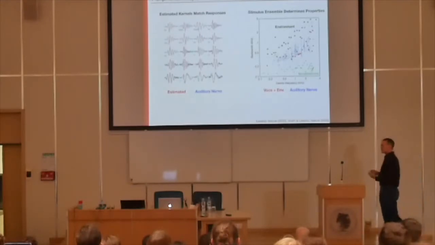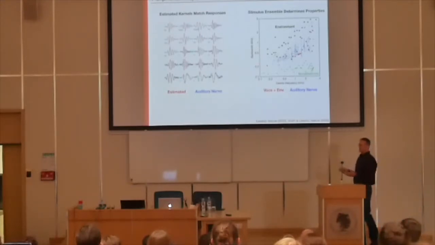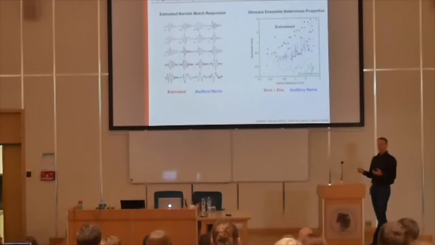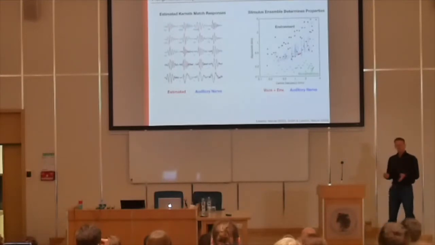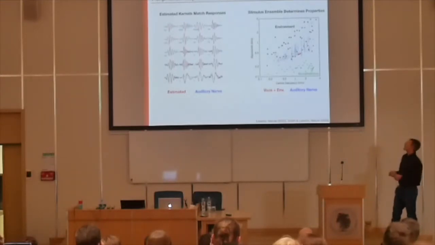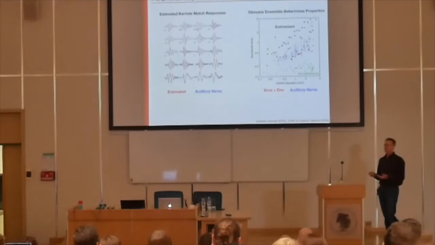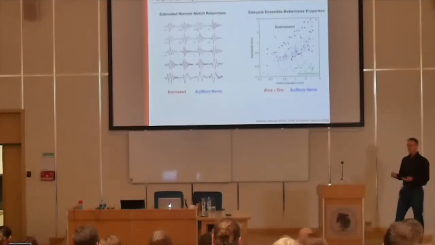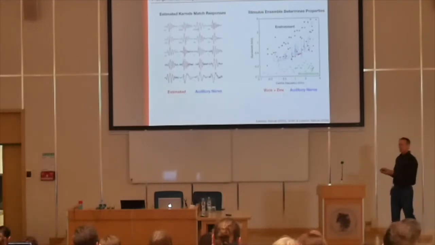So it's a very beautiful example of a principle, a normative principle, as they say, which is sparsity, together with this estimation principle, that lets you explain the way certain parts of the nervous system, in this case the auditory system, are reacting in response to the natural statistics together with that principle.